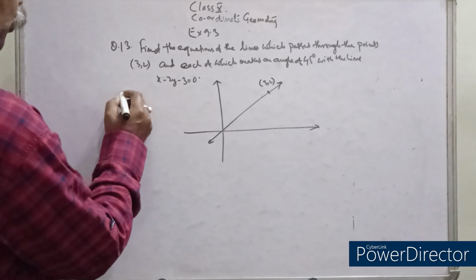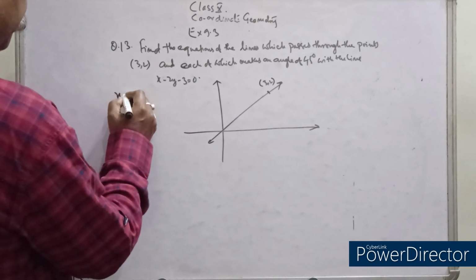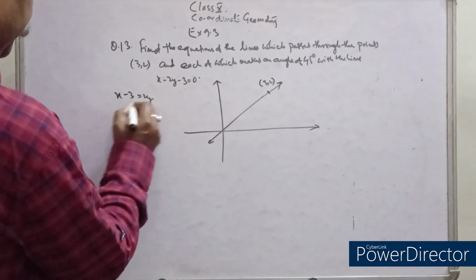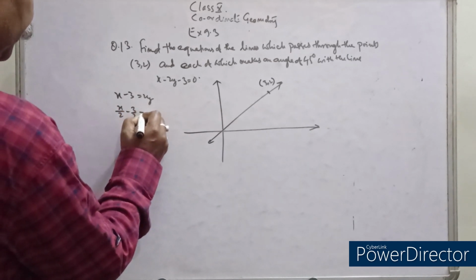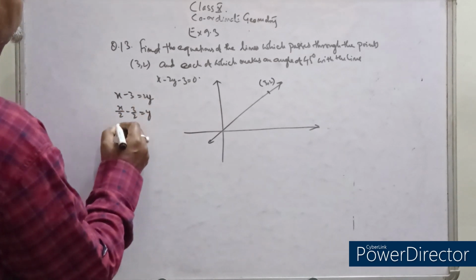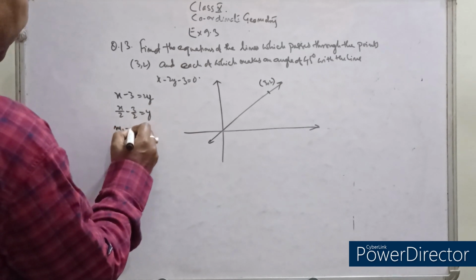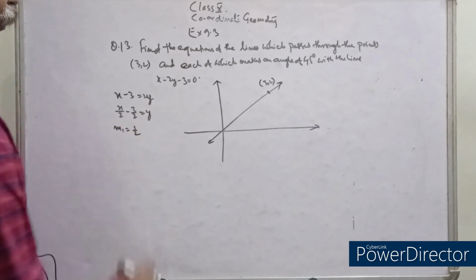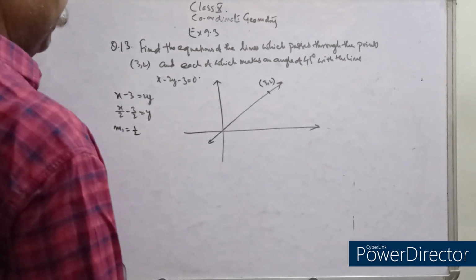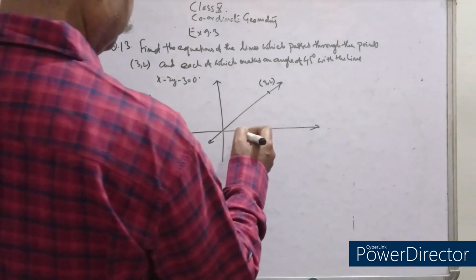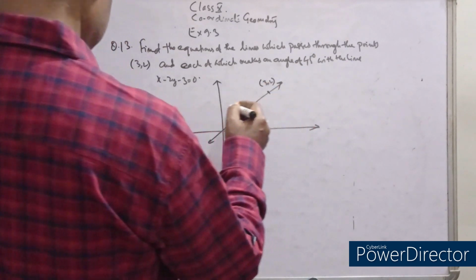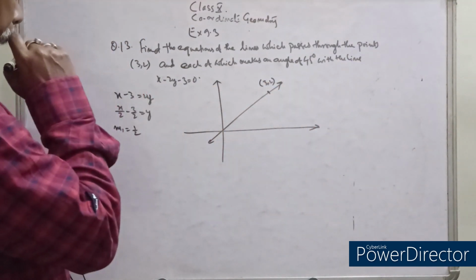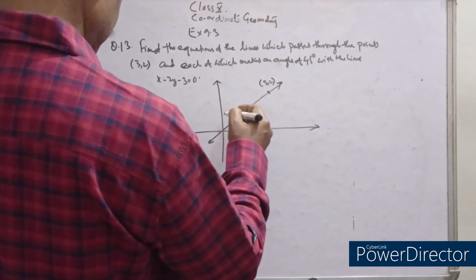You convert it into slope intercept form, that is x minus 3 is equal to 2y. So x by 2 minus 3 by 2 is equal to y. So here this m1 is equal to 1 by 2. So slope of this line is 1 by 2. So let us take this line like this.